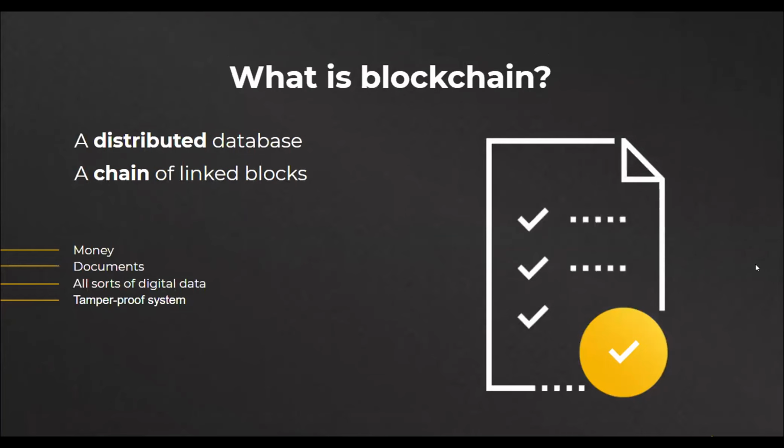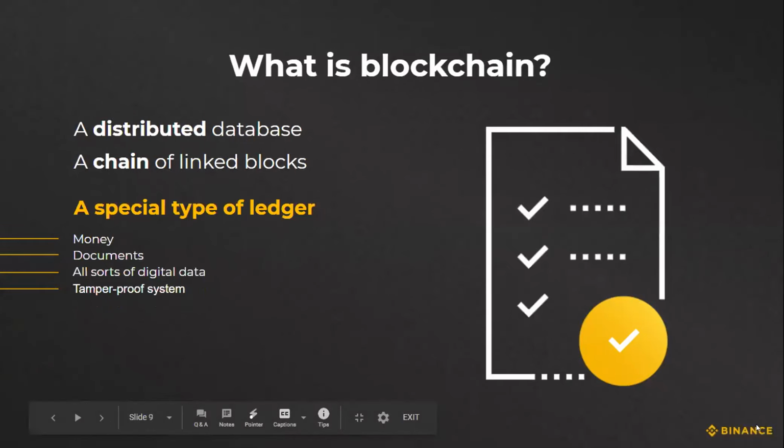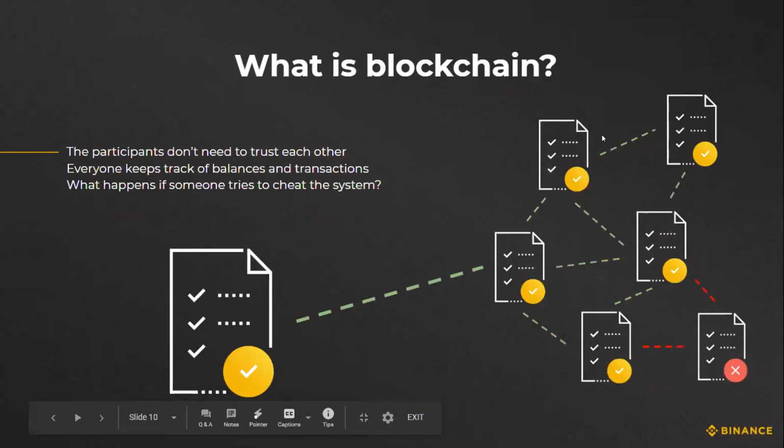It's a chain of linked blocks. It's a special type of ledger. Ledgers are used to record transactions, whether that transaction be how much you sent today, or that someone just inputted something on the blockchain. It's a special type of ledger, storing transactions.